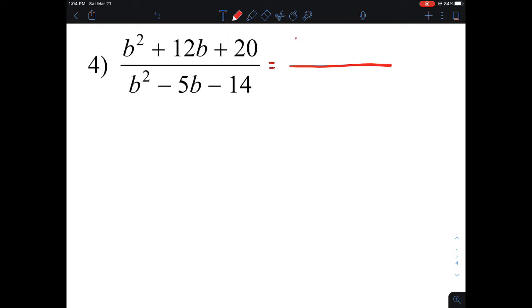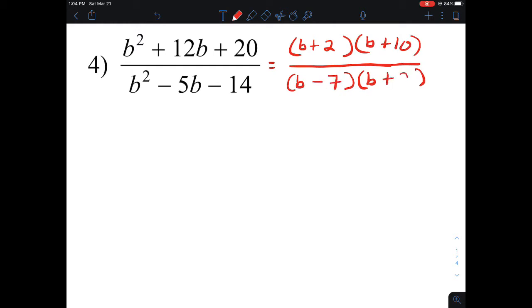My numerator would factor to b plus 2 times b plus 10. And my denominator would be b minus 7 and b plus 2.